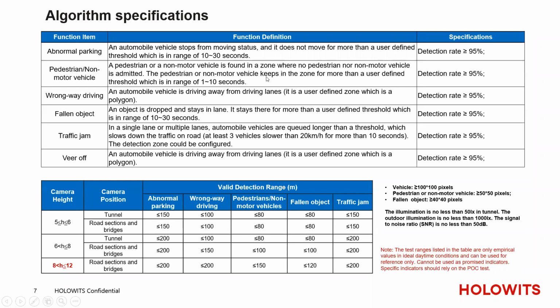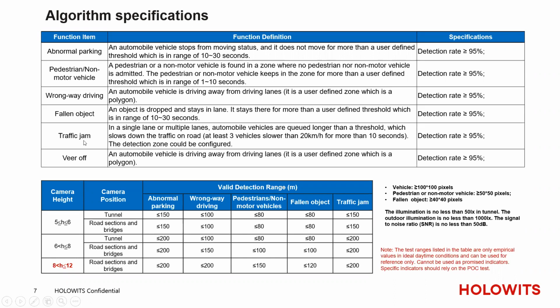For pedestrian and non-motor vehicle, it is found in a zone where no pedestrian or non-motor vehicle is admitted, with the pedestrian staying in the zone for more than a user-defined threshold, usually from 1 to 10 seconds. The wrong way driving is when an automobile vehicle is driving away from the driving lines. The threshold is from 10 to 30 seconds.